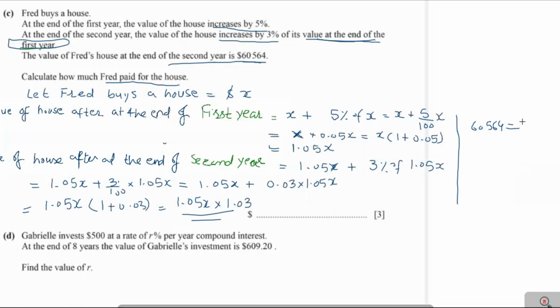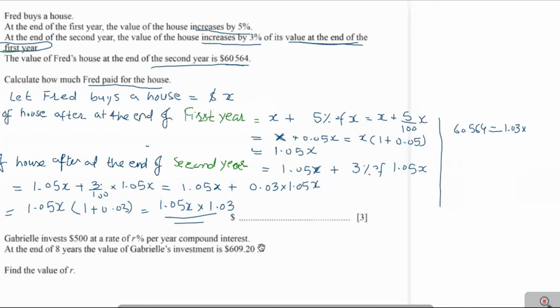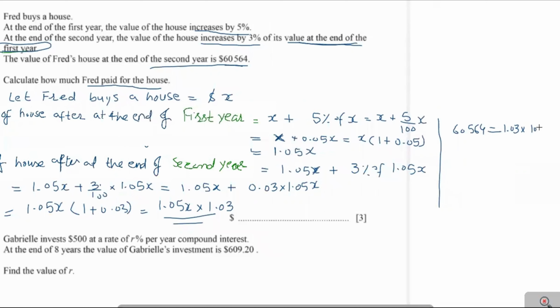That is 1.03 multiplied by 1.05X. When we multiply 1.03 into 1.05, now we get 1.0815X, and that will be equal to 60,564.